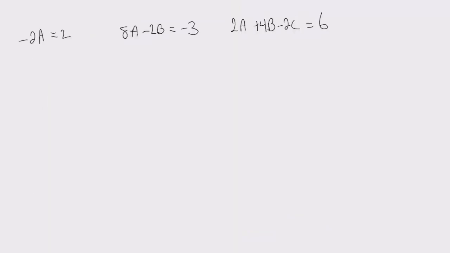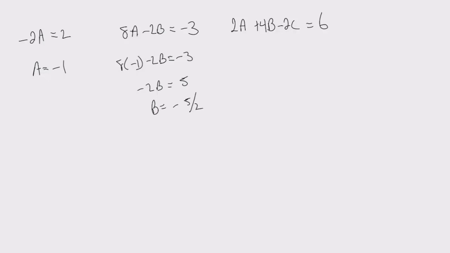I've copied this over so I've got a little bit of space to work here. So a has to be negative 1. Then this would be 8 times negative 1 minus 2b equals negative 3. So that's negative 2b equals negative 3 plus 8, so 5. That means b has to be equal to negative 5 halves.